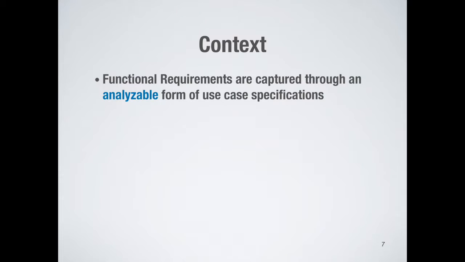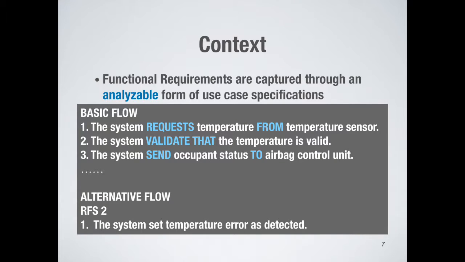First, the functional requirements are captured through an analyzable form of use case specifications. Here is an example of a use case used in our context. The use case is in an analyzable format because it is written using a set of restriction rules and a set of keywords.